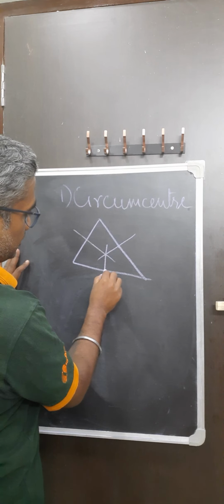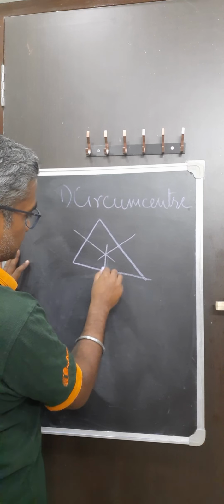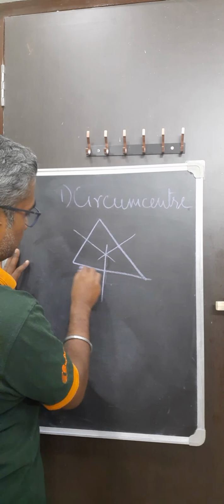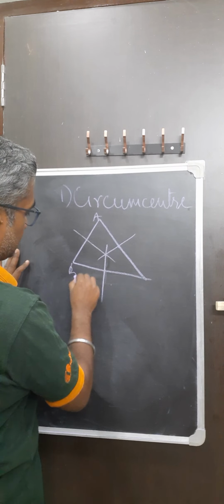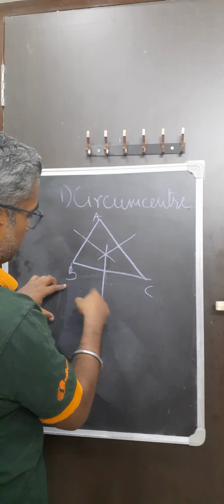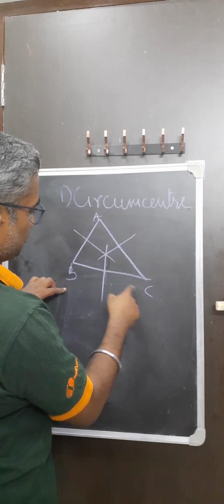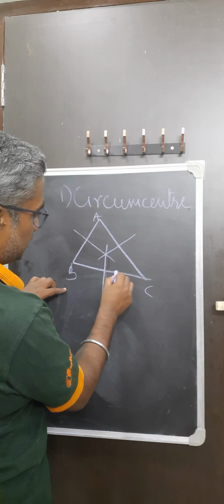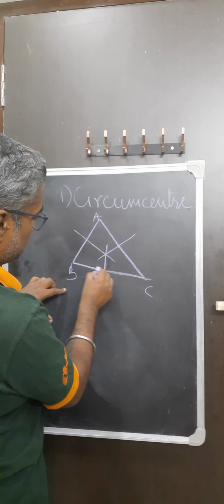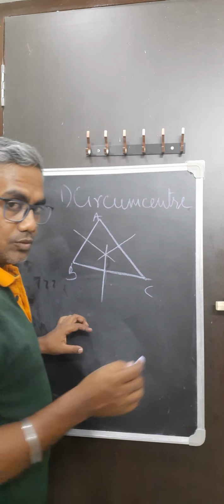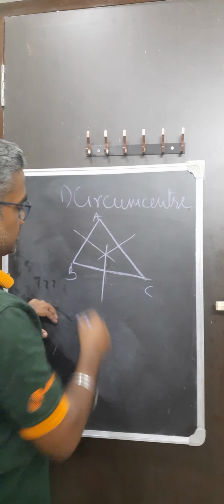If I take this line perpendicular to BC, it will divide BC in equal parts. That means this part and this part will be equal, and the same way for all three sides.